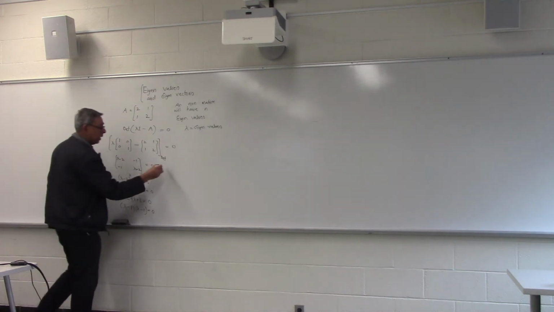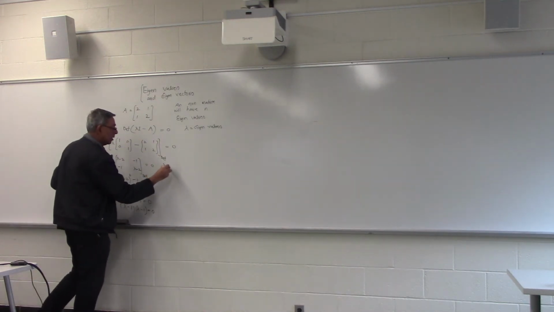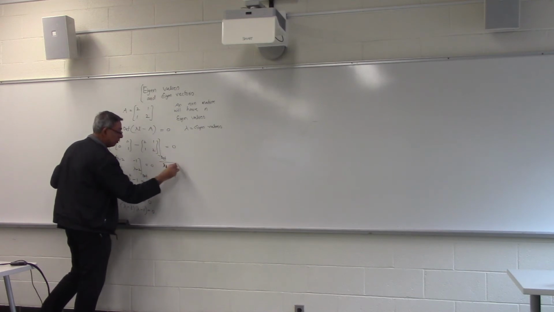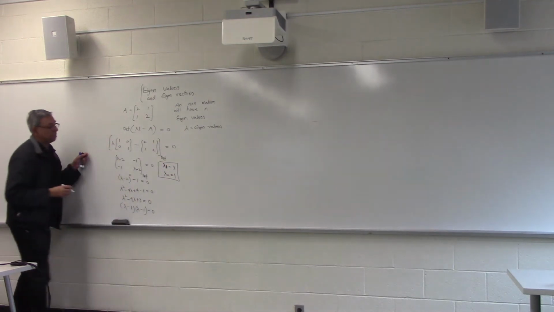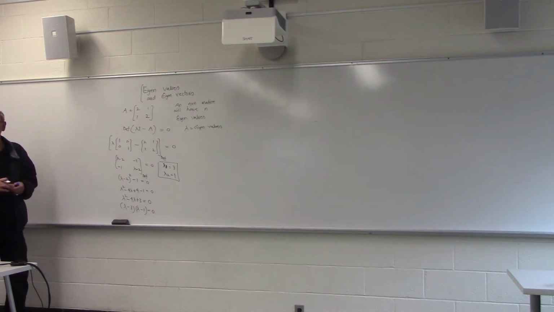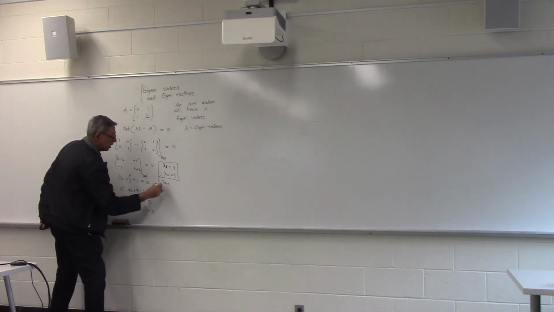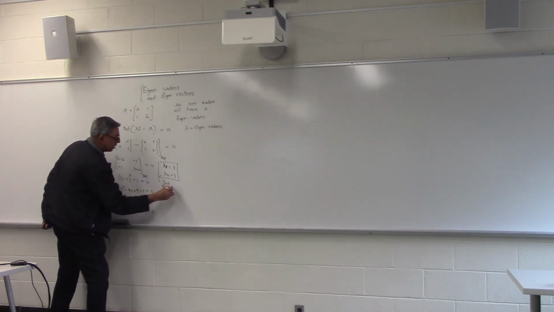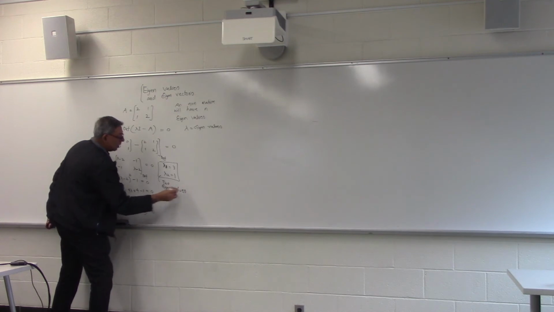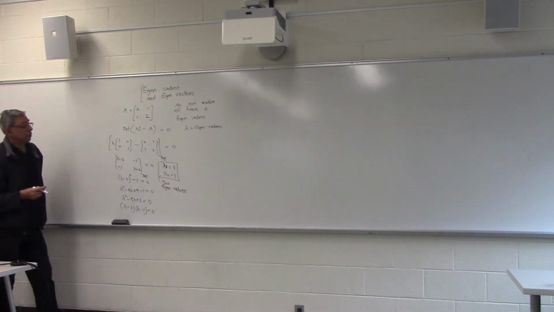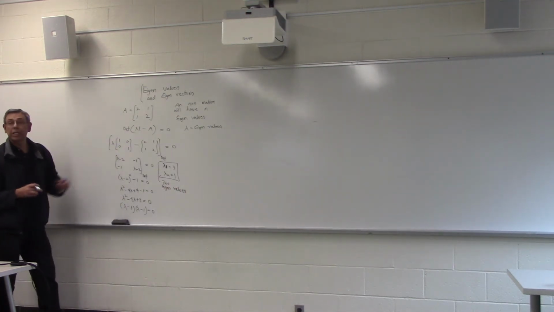So then lambda 1 becomes 3 and lambda 2 becomes 1. Those are the two eigenvalues corresponding to our original data.